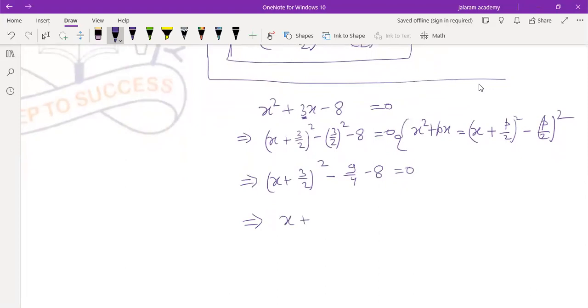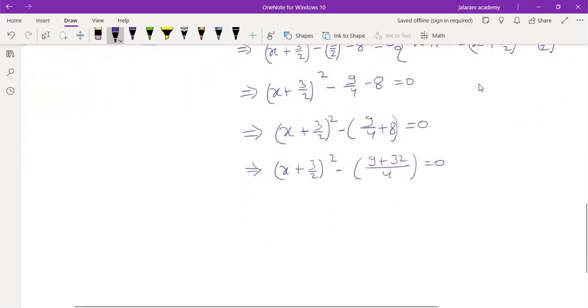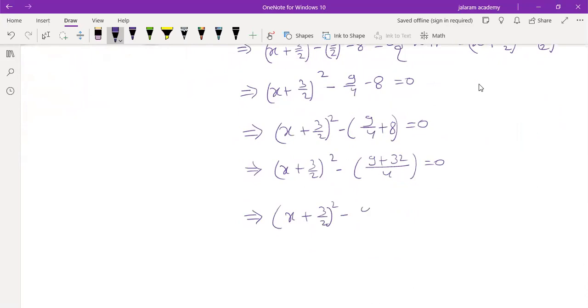It implies x plus 3 by 2 whole square, take minus common from these two: 9 by 4 plus 8 equals 0. It implies x plus 3 by 2 whole square minus, LCM is 4, so 9 plus 32 over 4 equals 0. It implies x plus 3 by 2 whole square minus 41 by 4 equals 0.